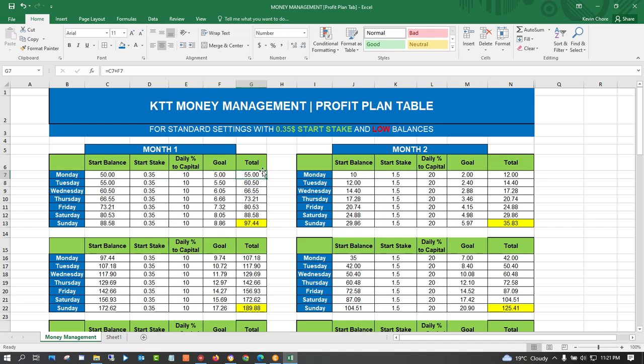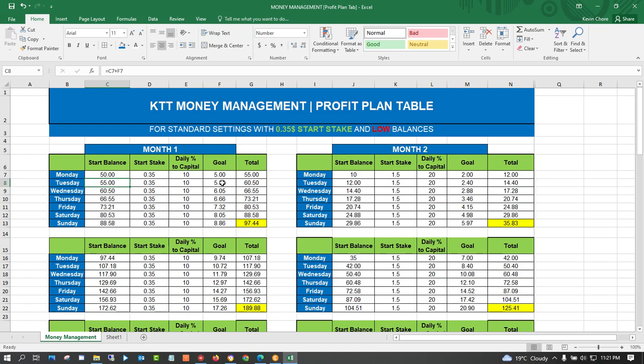When you come to Tuesday, which is the second day of the month, you'll have your starting balance and the profit that you made, which is 55. This is now the opening balance. Then you target another 10% of this amount while staking with $0.35.